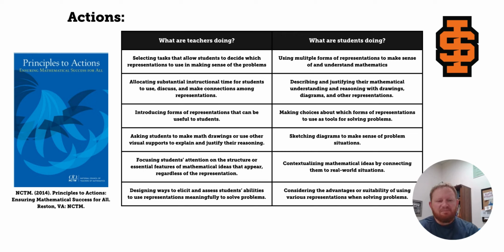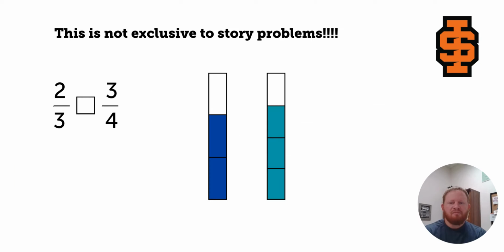One of the simplest strategies a teacher can incorporate is having their students draw their thinking by asking, can you show me what that would look like as a picture or a sketch? And that's not exclusive to story problems. In fact, I've been very careful and intentional about not using story problems in this video.